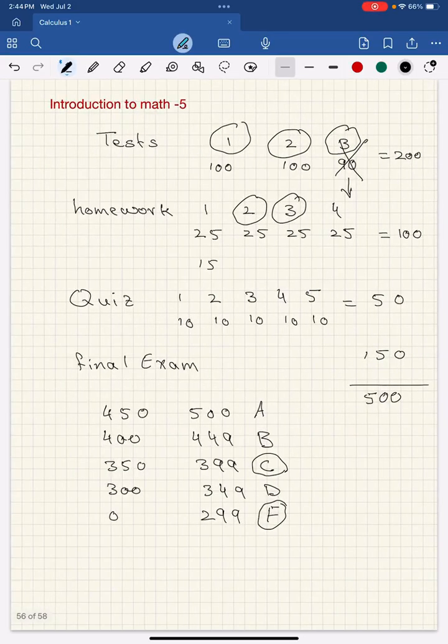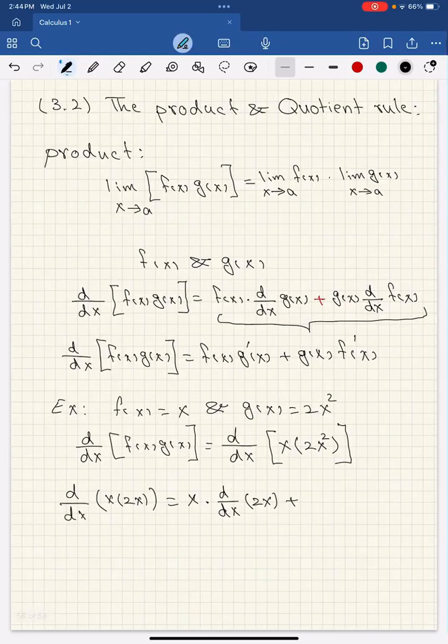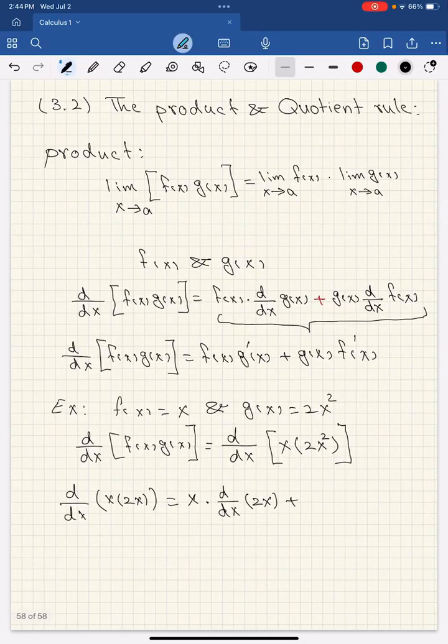I'm sorry, the page is gone. I have to find the page for you. Then g of x, which is 2x squared, times d/dx of f of x, which is x.